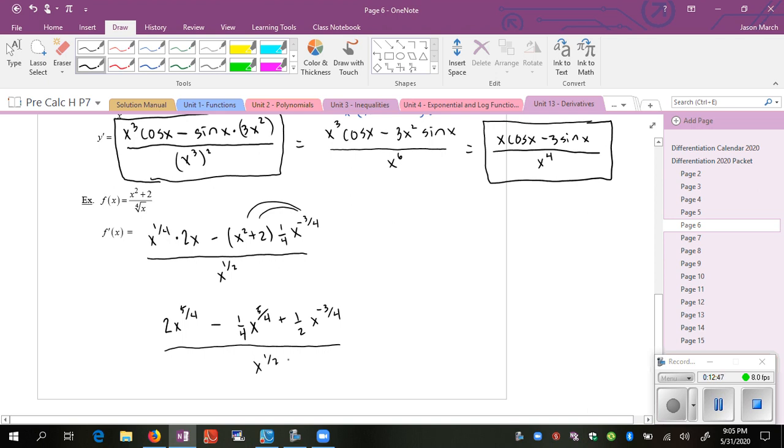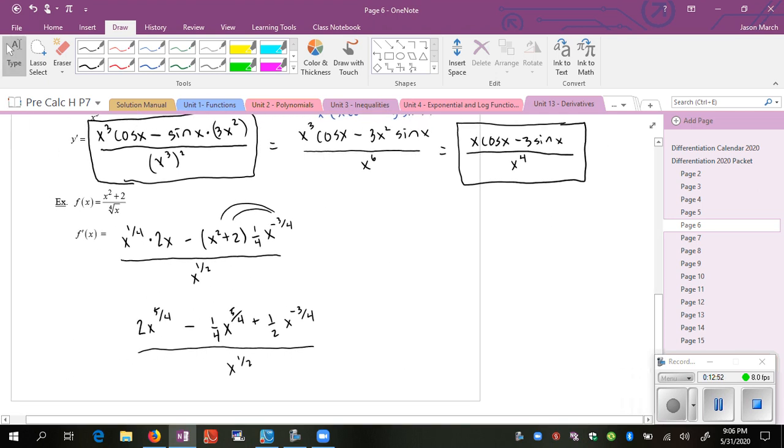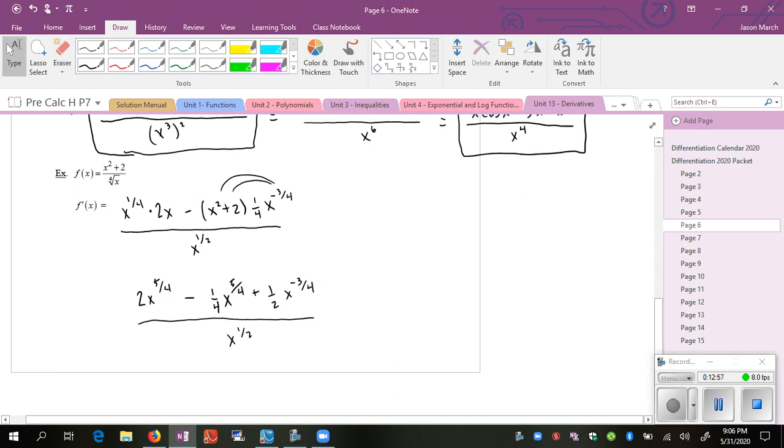And I guess lastly, we could combine these two terms right here. These are like terms. So I could call that 2 minus 1/4, so that would be 1 3/4 or 7/4 x to the 5/4, plus a half x to the negative 3/4, all over x to the 1/2. And now I could do properties of exponents.